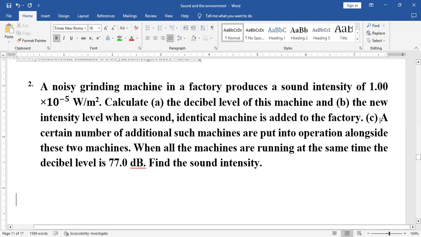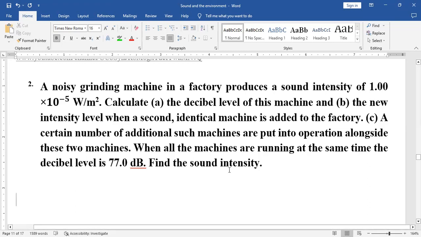Then the third option here says, a certain number of additional such machines are put into operation alongside the two machines. So what if other machines are being added? Find the sound intensity.